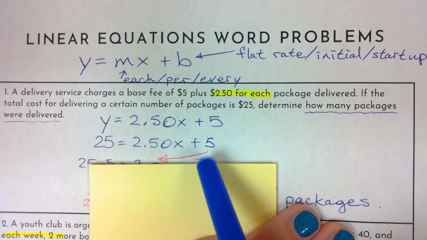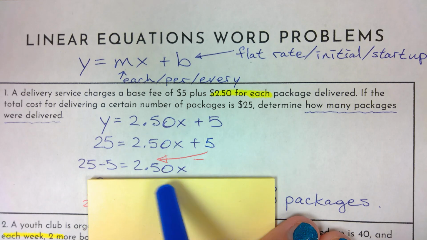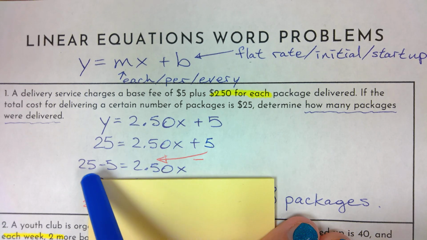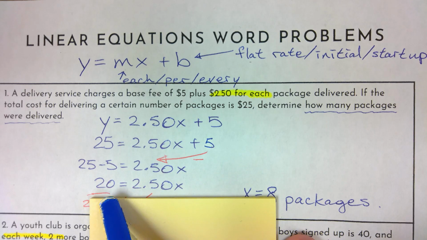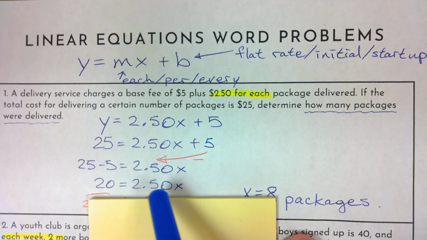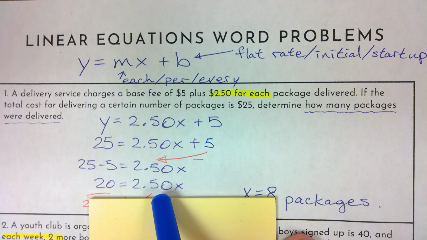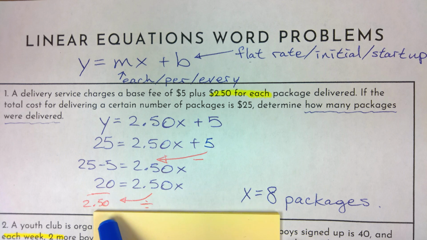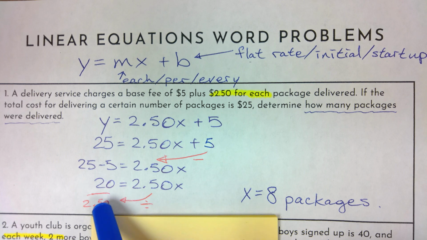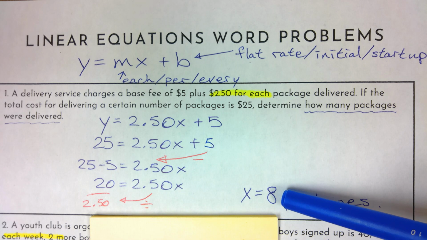Move that 5 over by subtracting, so you get 25 minus 5 equals 2.5x. 25 minus 5 is just 20. And then now, remember you want to get x by itself. So when you move that 2.5 over, this is 2.5 times x, so the opposite would be dividing. So 20 divided by 2.5, you get x equals 8.